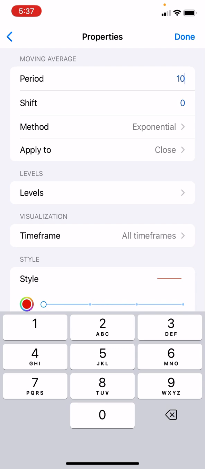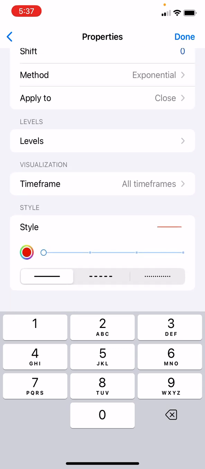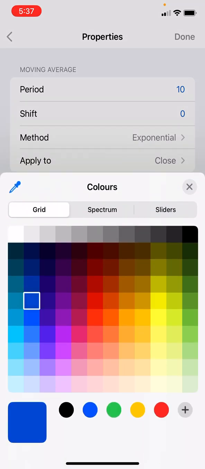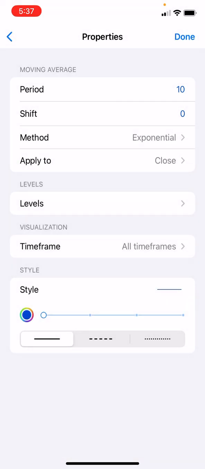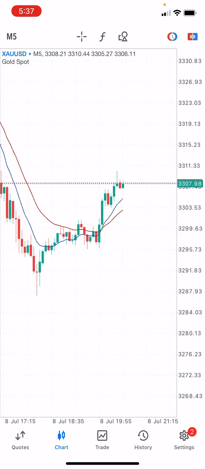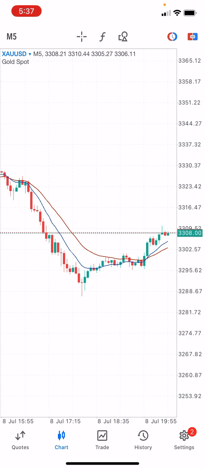The style should be blue. Good. So we have a fast moving average and a slower moving average.